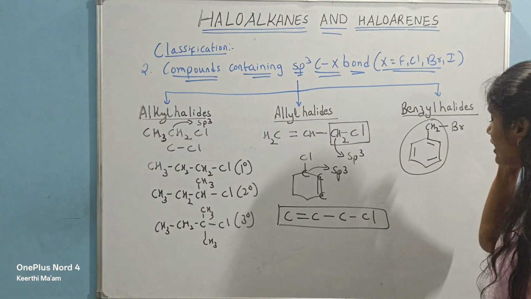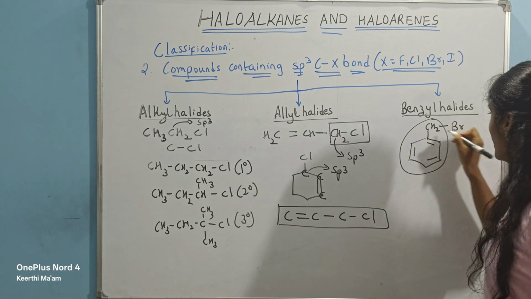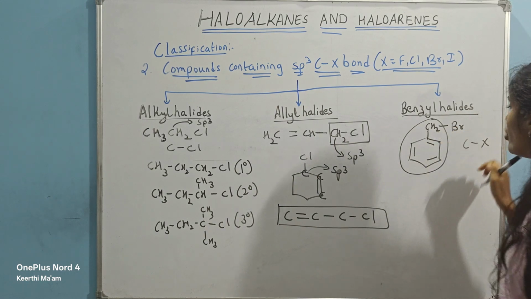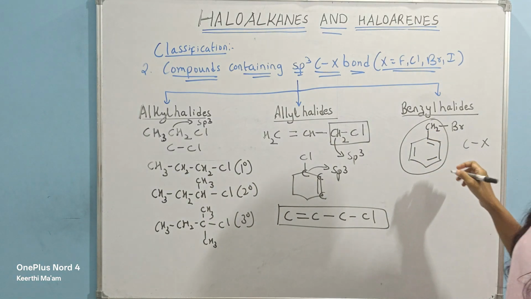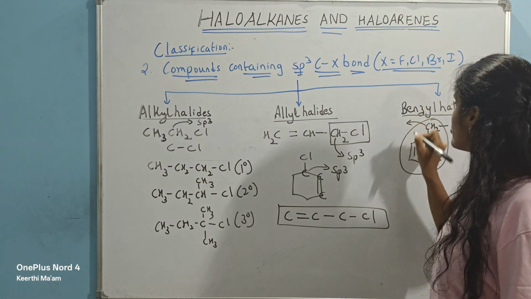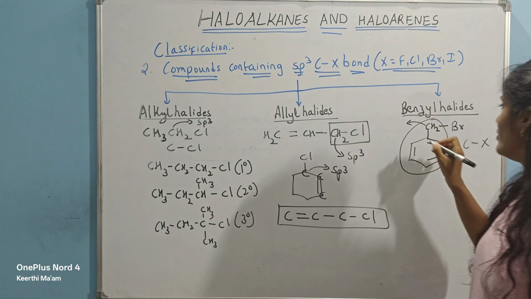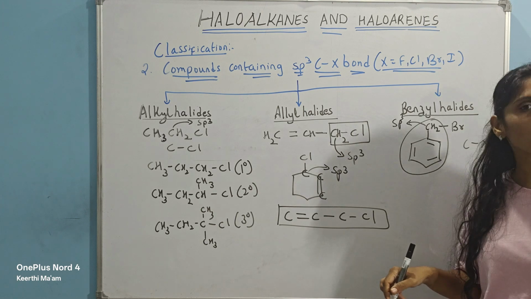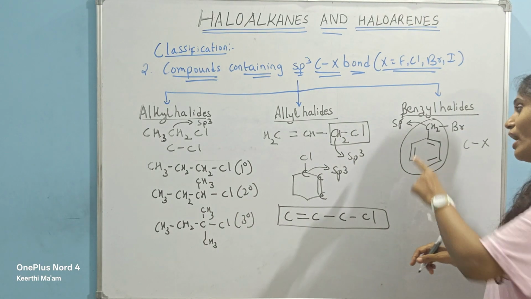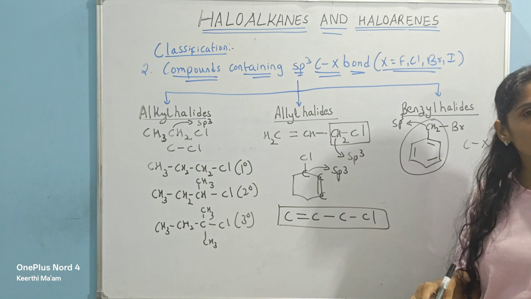Now I have to check the hybridization of this carbon because this is my CX bond. When I check this carbon's hybridization, it is sp3 because this carbon holds 4 sigma bonds, so the steric number is 4 and the hybridization will be sp3.